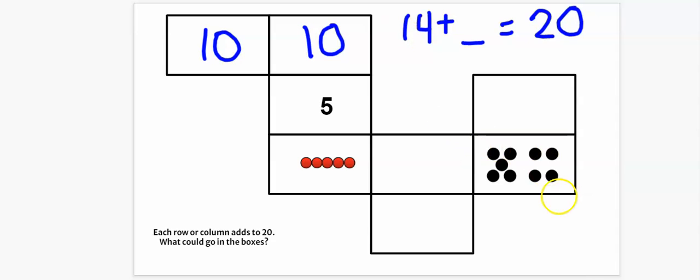Well, I know that 4 and 6 make 10, so 14 and 6 make 20. Great job. Well, that's going to help me solve this next one, because 6 and something have to equal 20.